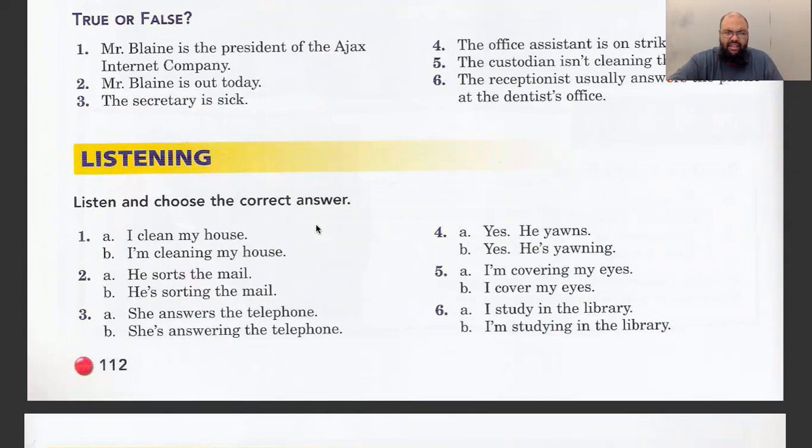Number one, listen and choose the correct answer. What are you doing? What's the answer, A or B? Very good. It says doing, so when I answer, I have to say cleaning, right? Number two, what does the office assistant do?